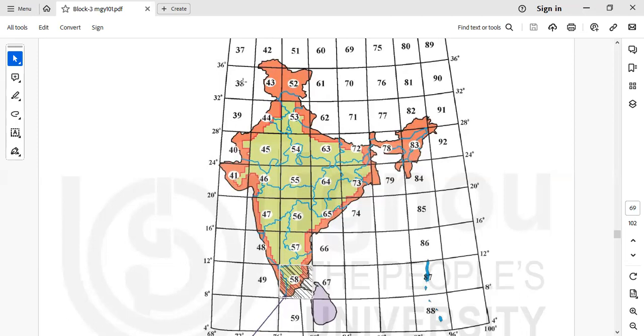But provided that if you want to know the number of the topographical map, we should have the values of the coordinates, that is latitude and longitude of that area.